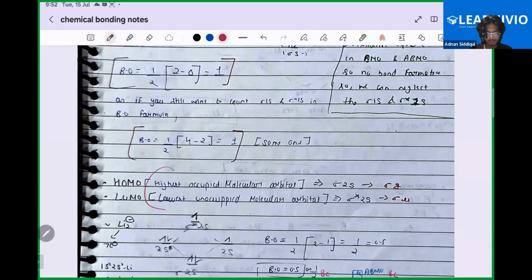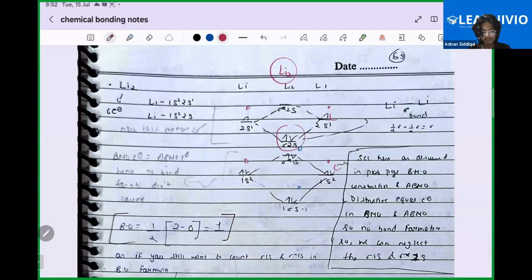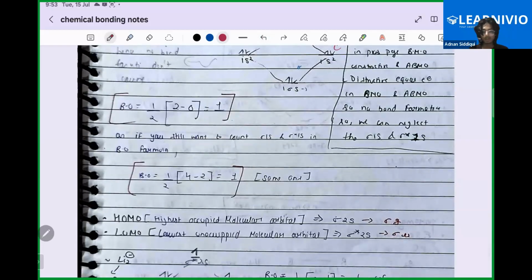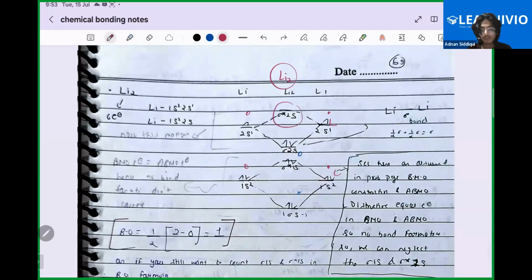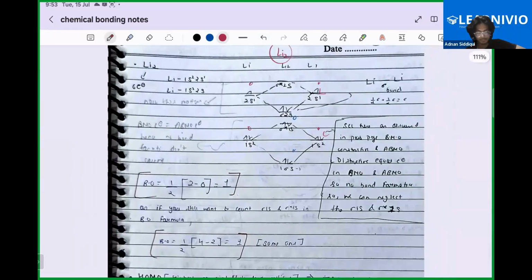This is occupied, highest occupied, so the highest occupied is sigma 2s, and the lowest unoccupied is this one. This is unoccupied, right? There could be a highest unoccupied one, but we don't use that term. We only use HOMO or LUMO. Okay then, is it clear? Yeah, I understand. Good.